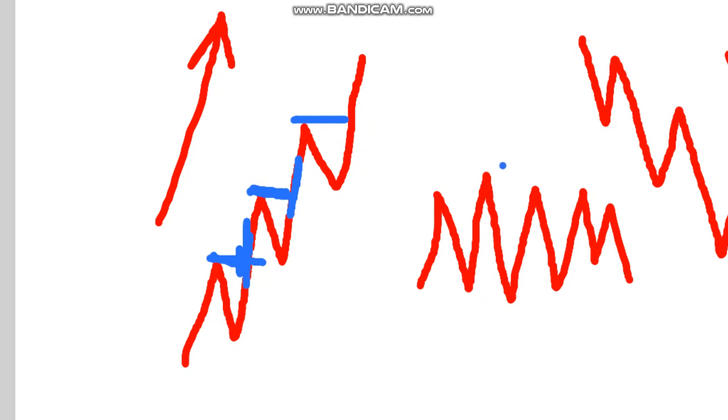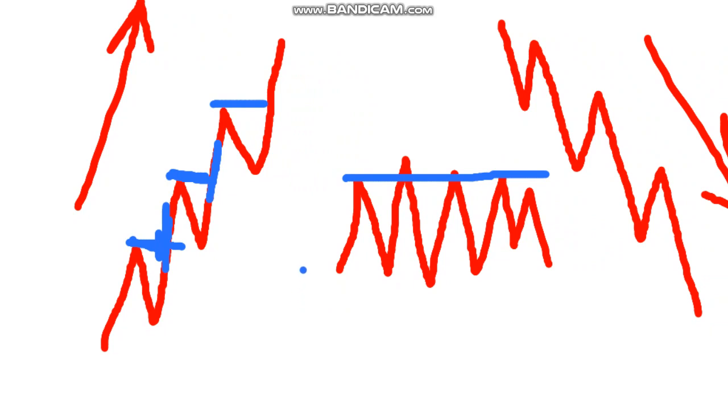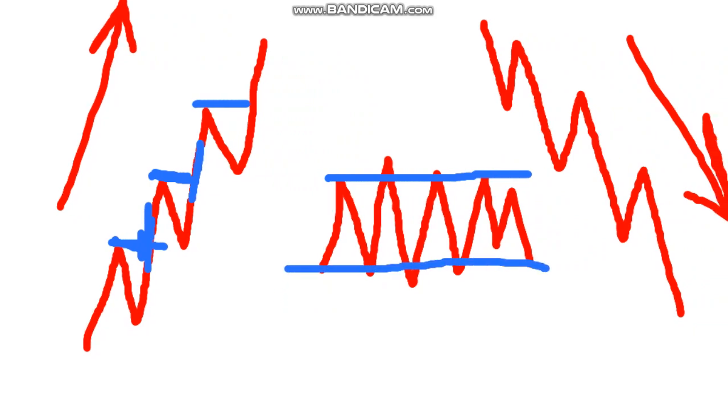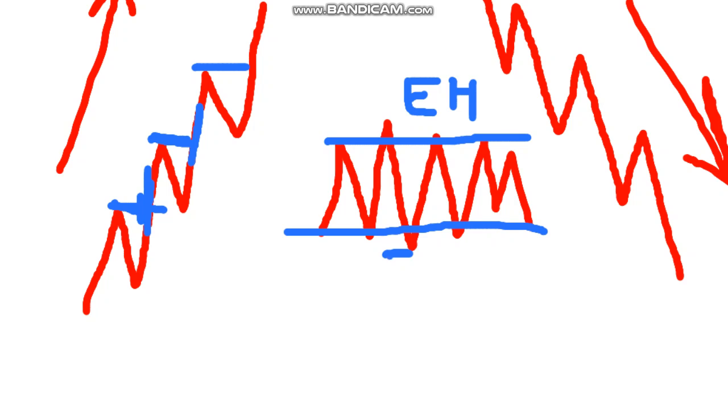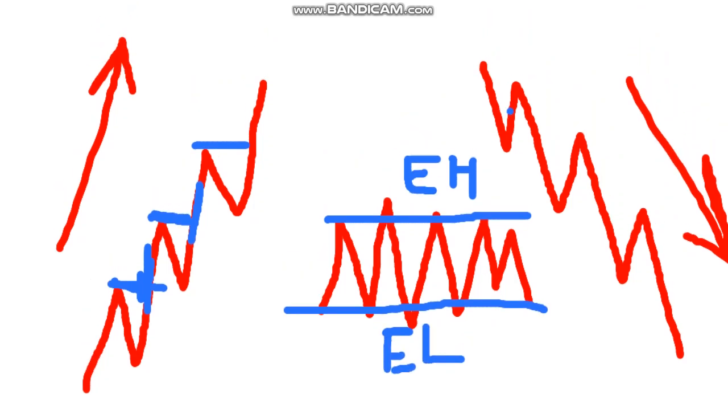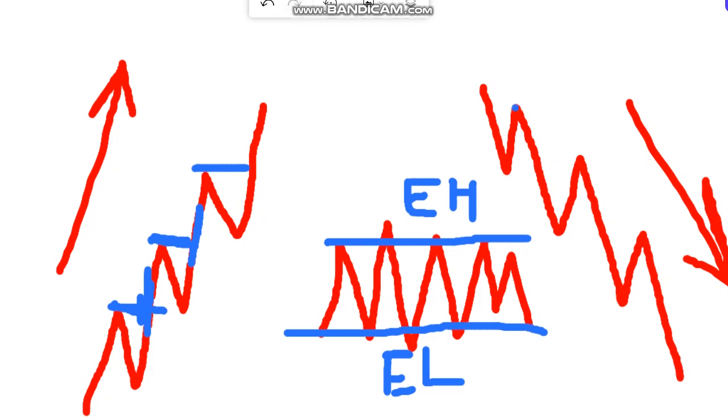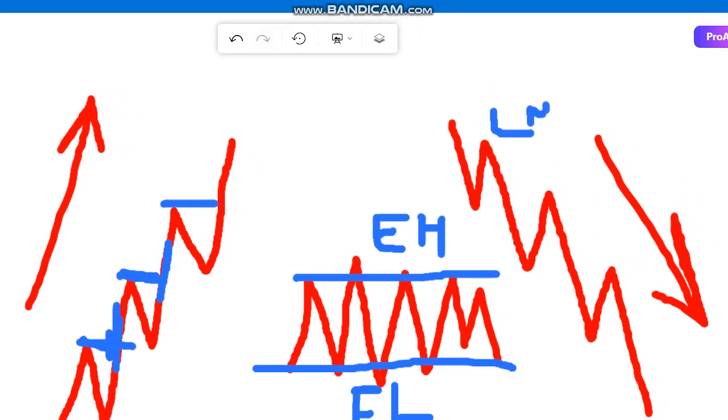In terms of the consolidating or sideways market, you see that it is printing a series of equal highs and equal lows, as I have drawn over here. These are the equal highs, and these are the equal lows. In terms of a downtrend market, this is going to be the lower high, and this is going to be the lower low.